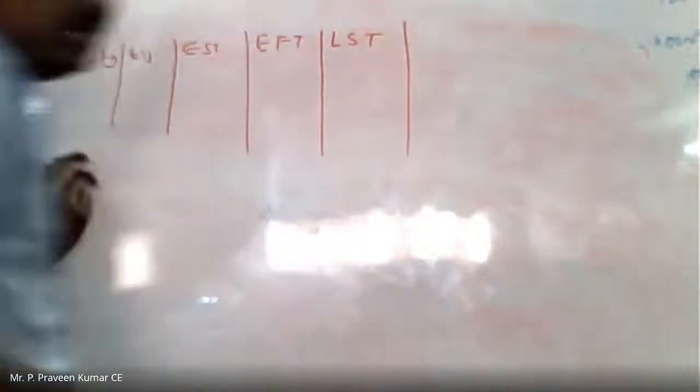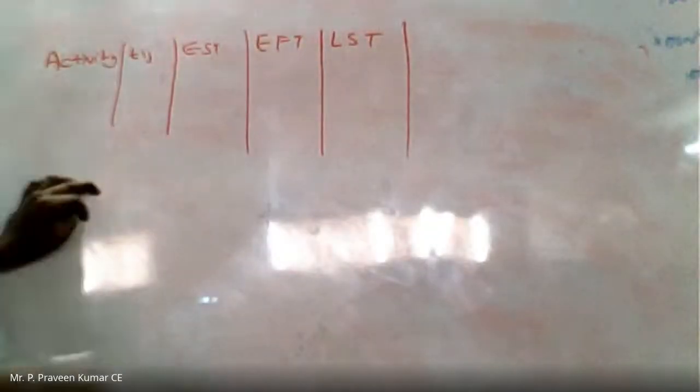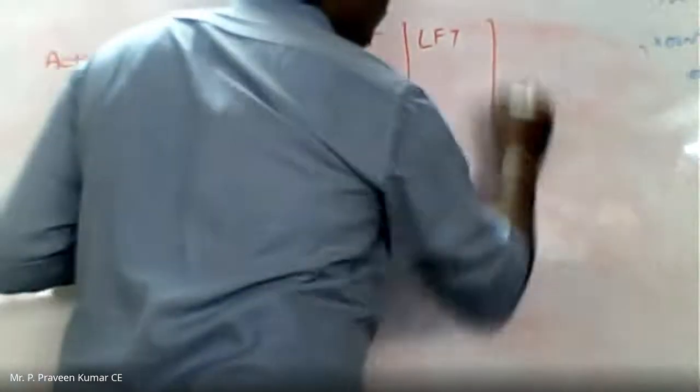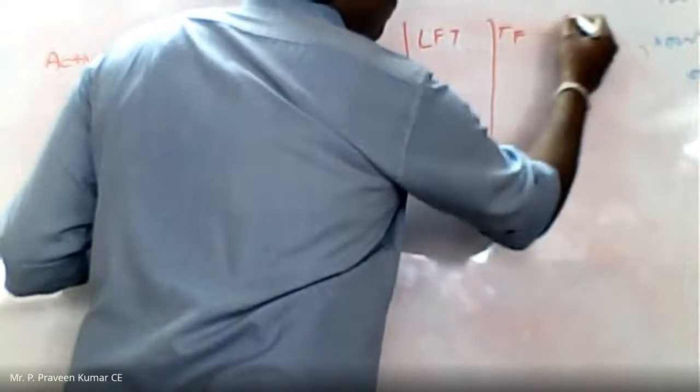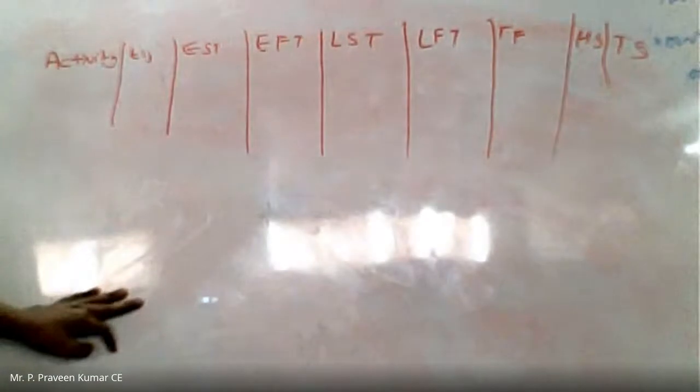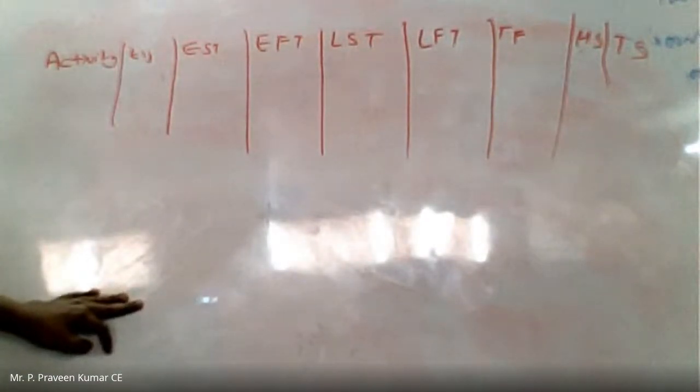If the order is changed, then you will get confused. Then LST, LFT, TF, HS, TS. The last ones are free float and total float.